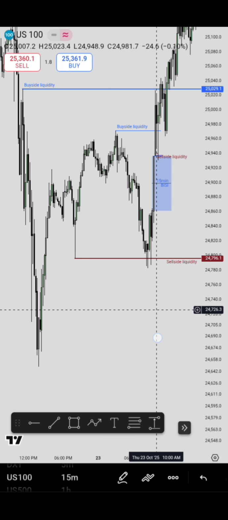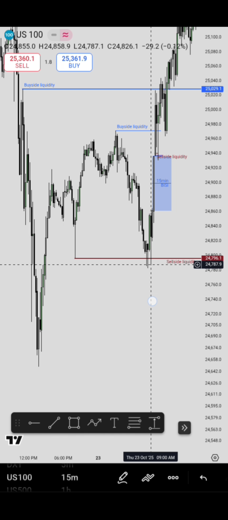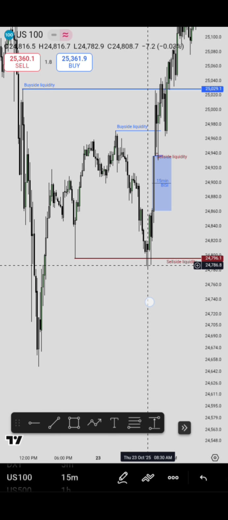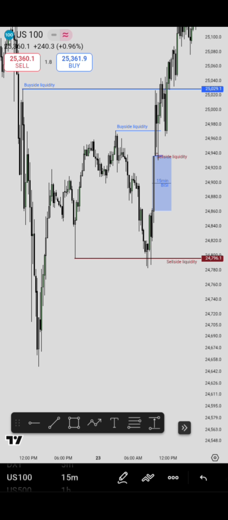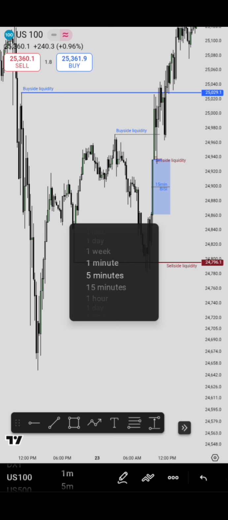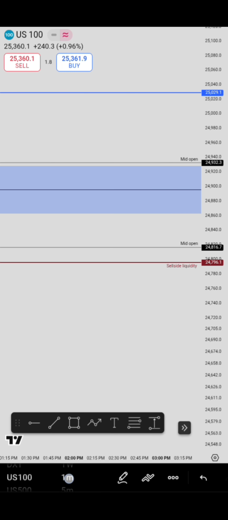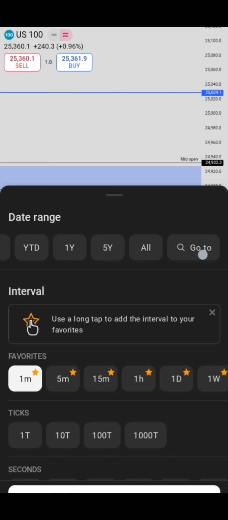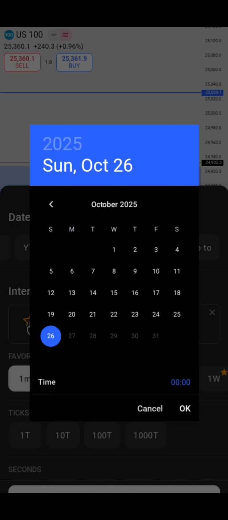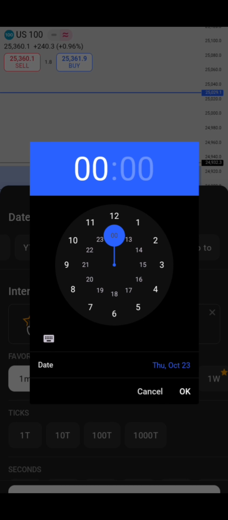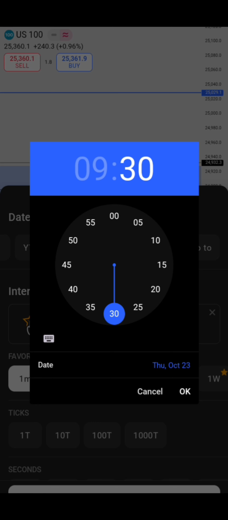But see how we took this sell side liquidity around 9 o'clock. We took this sell side liquidity around, this is 8:15, which is good. Thursday, 9:30.